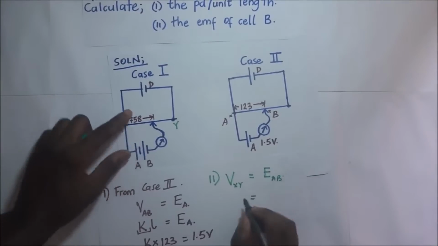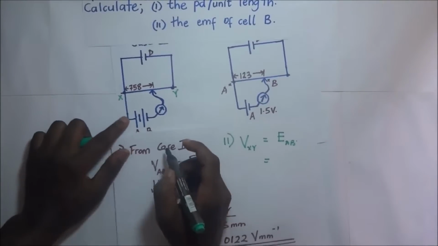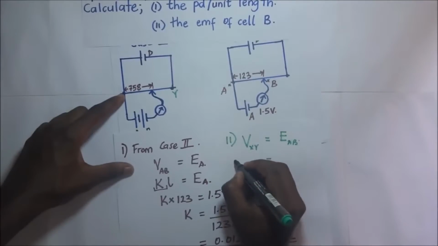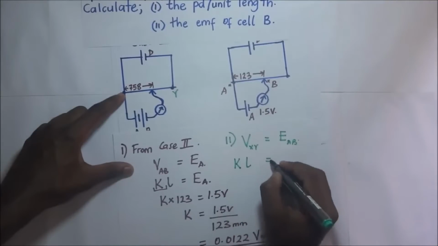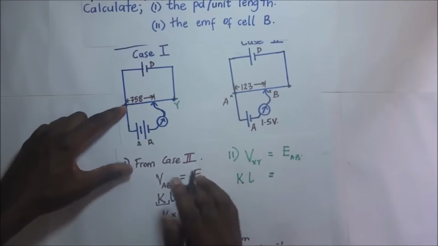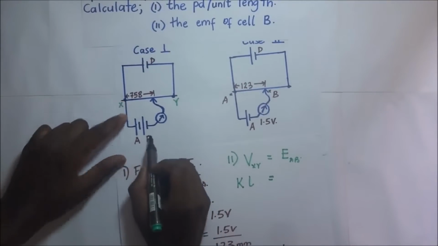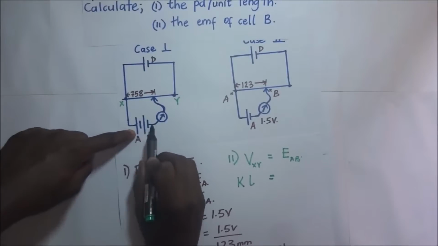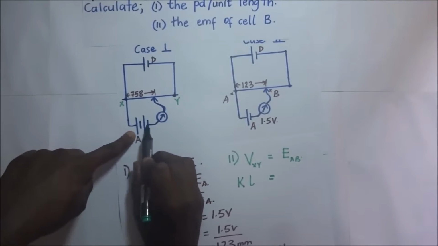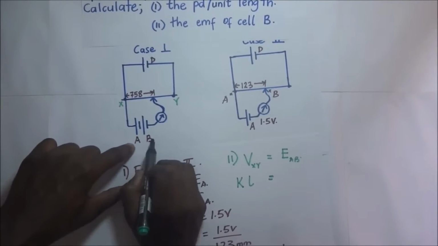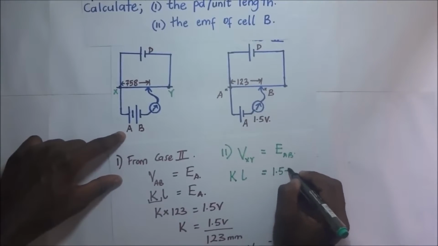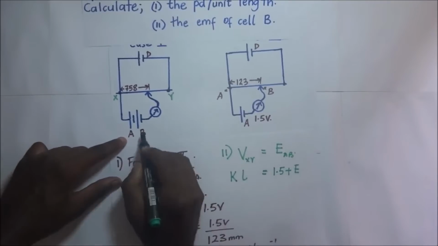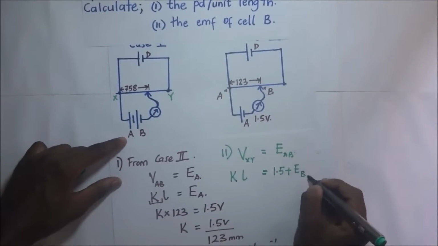And we know that the PD across this balance point is given by the PD per unit length multiplied by the balance length, which is equal to the EMF here. Since these two cells are in series, the total EMF here is going to be the EMF of A plus B. The EMF of A is 1.5 plus the EMF of B, which we are looking for.